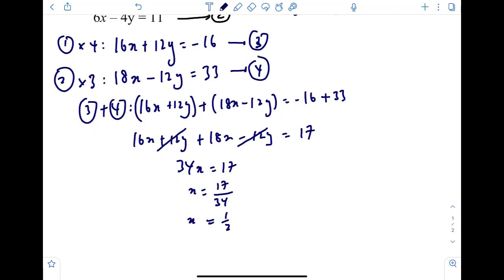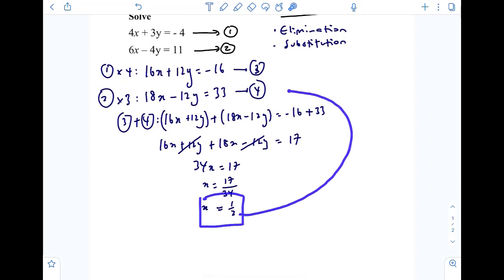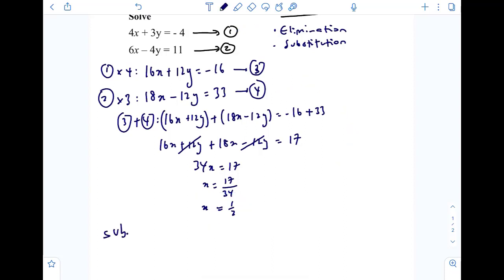Alright, don't forget simultaneous means you got to solve for y as well. We already found x, how do we find y? We can use equation 4, equation 3, equation 2 or equation 1 in fact. Okay, so let's sub x equals to half into equation 1.